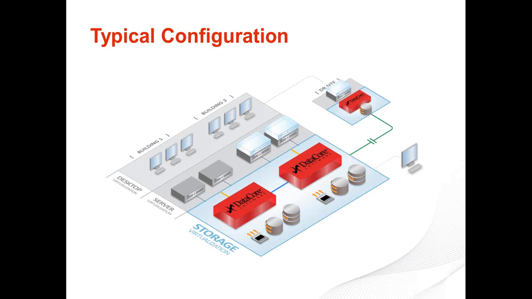All these diverse storage devices are managed by the DataCore virtualization software. If you concentrate right in the middle here, you notice that the two DataCore nodes represent a mirror configuration, which we're going to cover later in more detail.